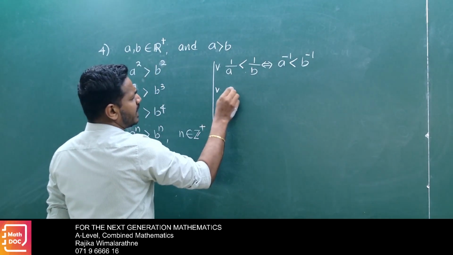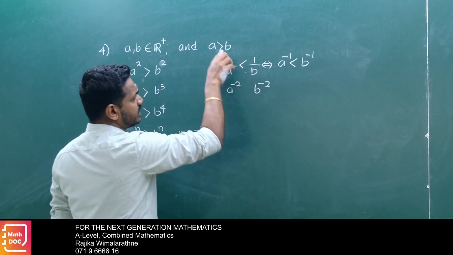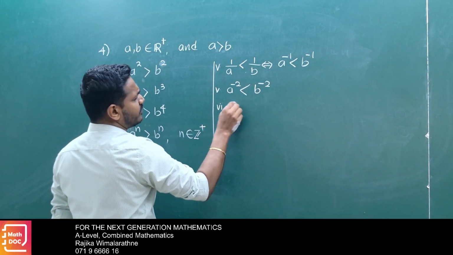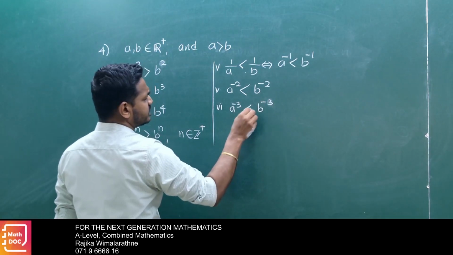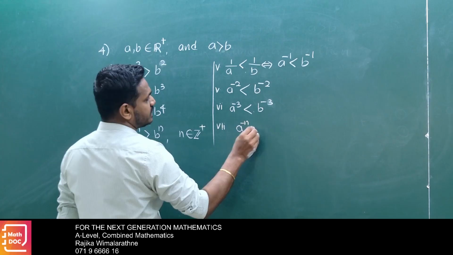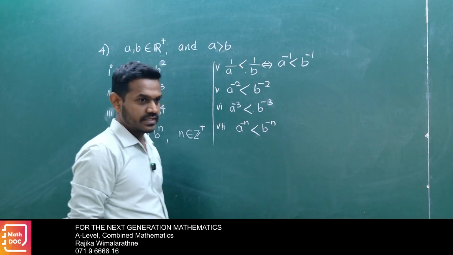Then A to the power minus 2, B to the power minus 2. Here this sign we have to reverse. A to the power minus 3, B to the power minus 3. We have to reverse the sign. Likewise, A to the power minus n, B to the power minus n, we have to reverse the sign. That is a very important thing.